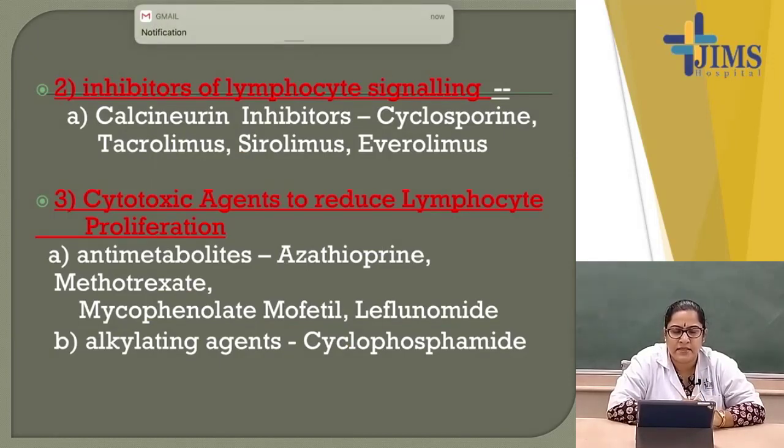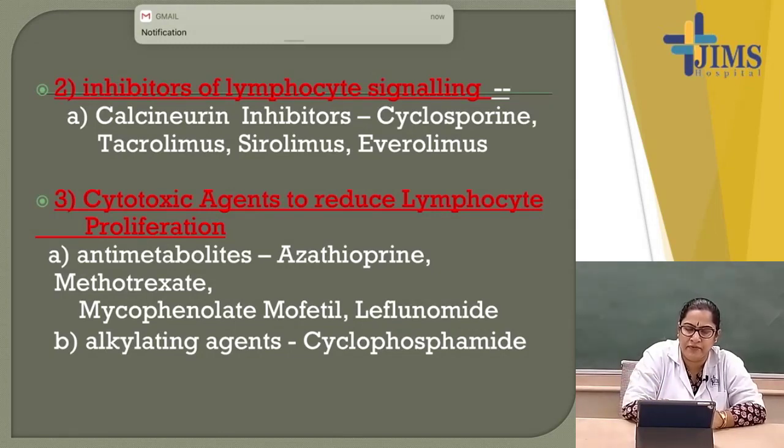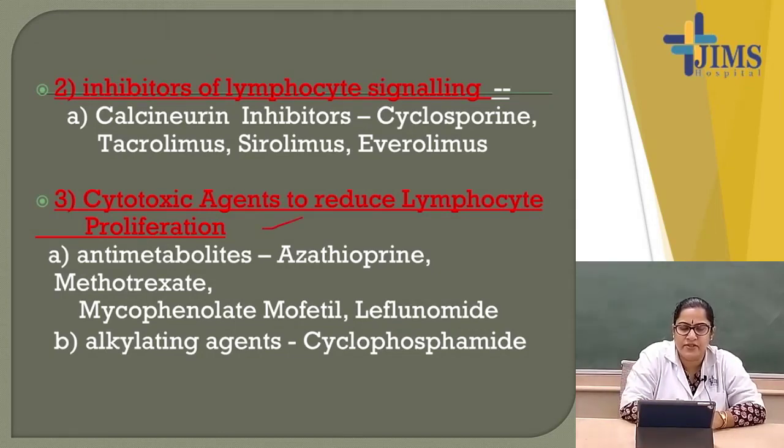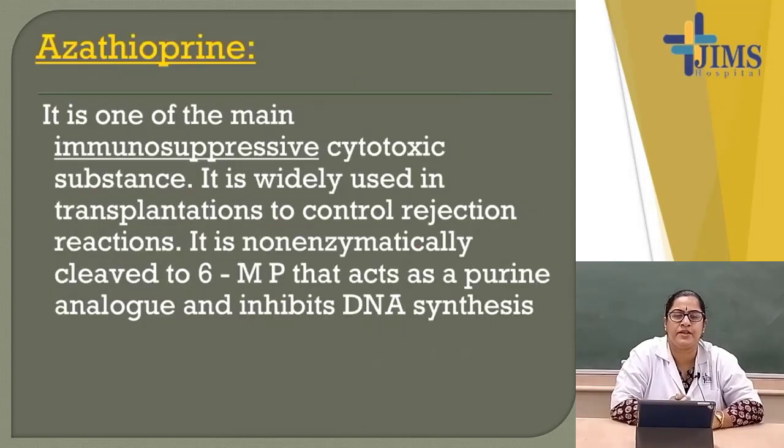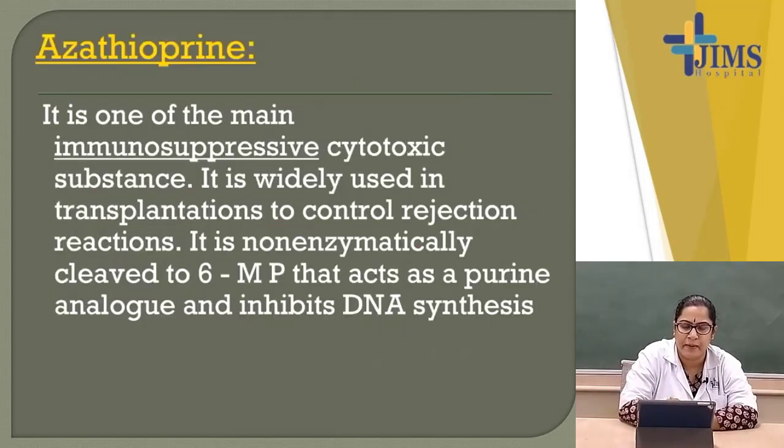Group 3 is the cytotoxic agents to reduce lymphocyte proliferation. Under this group, first are the antimetabolites like azathioprine, methotrexate, mycophenolate mofetil and leflunomide. The alkylating agent is cyclophosphamide. Azathioprine is one of the main immunosuppressive cytotoxic substances.